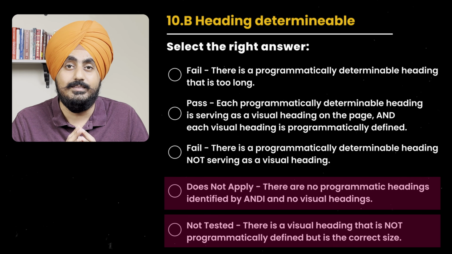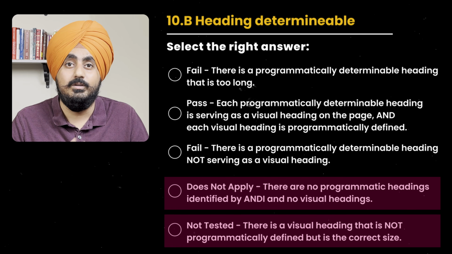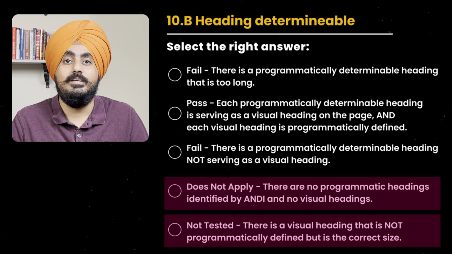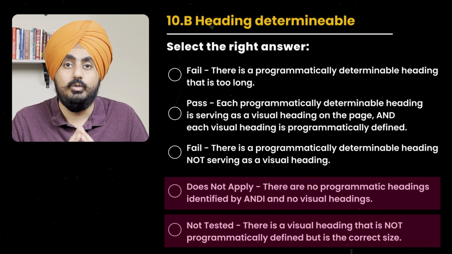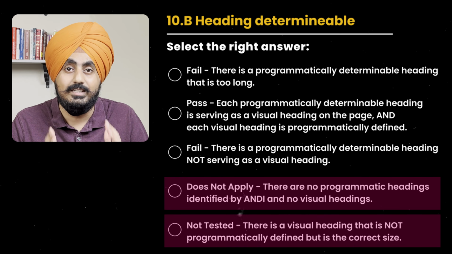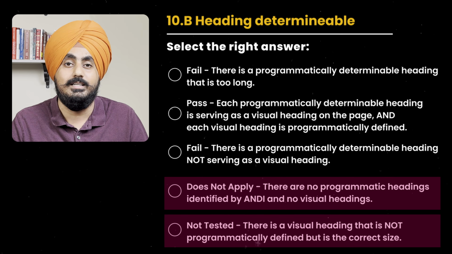That sounds accessibility related. It even sounds reasonable, but it is not 10b. Heading length is not what this condition is testing. The condition is testing whether the visual heading and programmatic headings match. So don't choose the answer that sounds generally accessible. Choose the answer that matches the exact test condition.